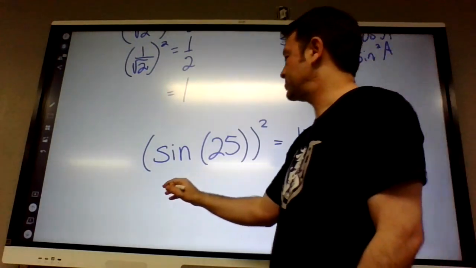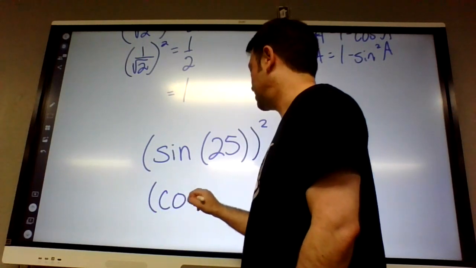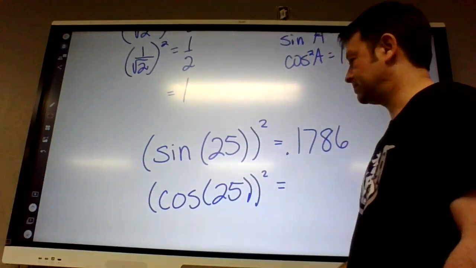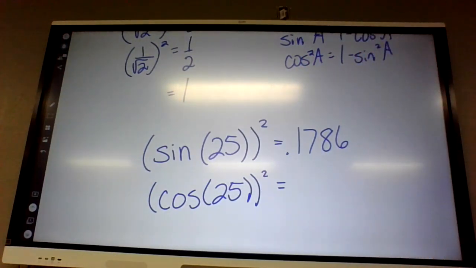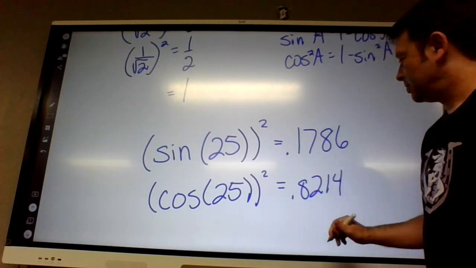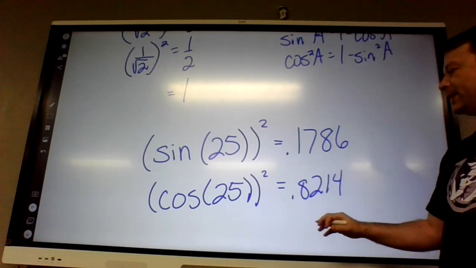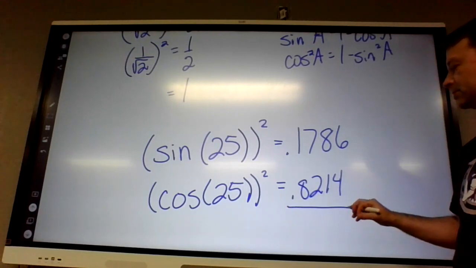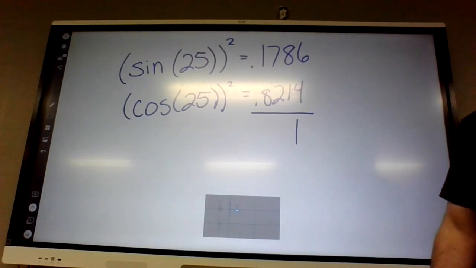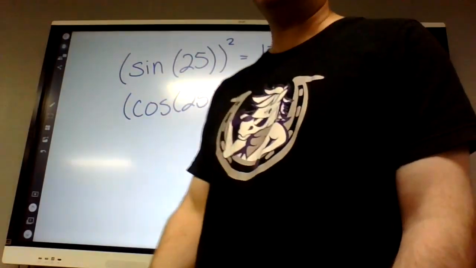Okay, then we need cosine of 25 squared. Guess what those two added together make? 1. Are you starting to believe it? It's true. You don't believe it?